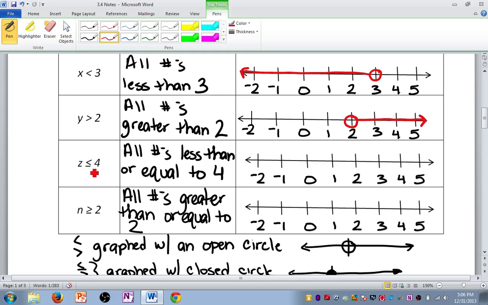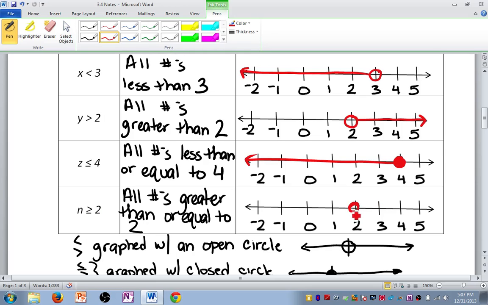Z is less than or equal to 4. Well, if z is less than or equal to 4, that means that z can be 4, or it can also be any number less than that. N is greater than or equal to 2.